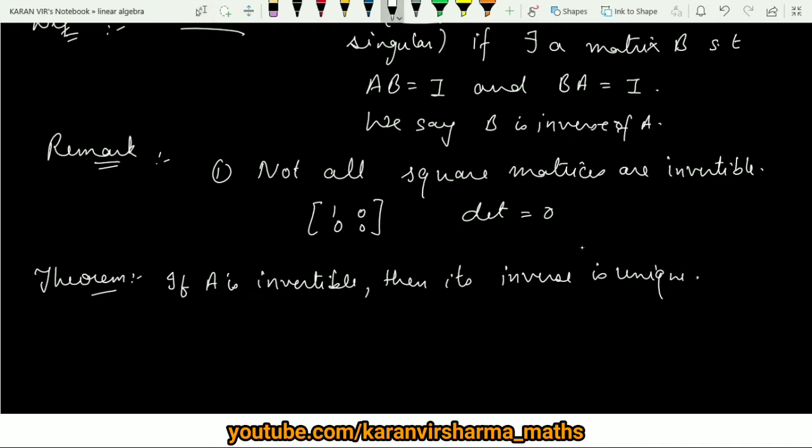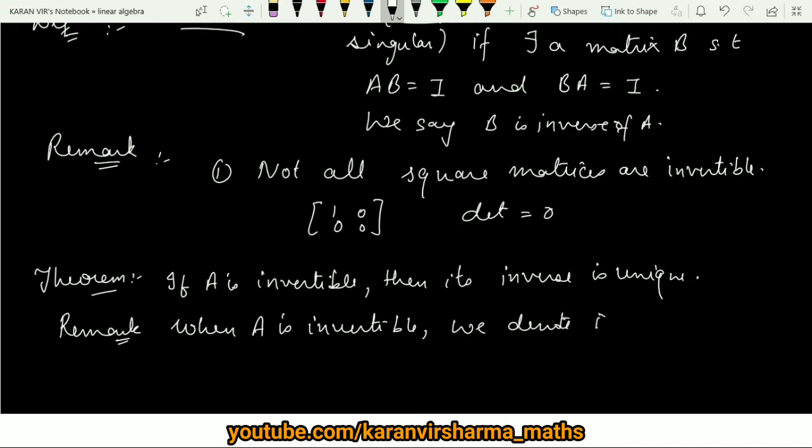And a remark I must add here again: when A is invertible, we denote its inverse by A inverse. That is how we denote the inverse of A, provided A is invertible.